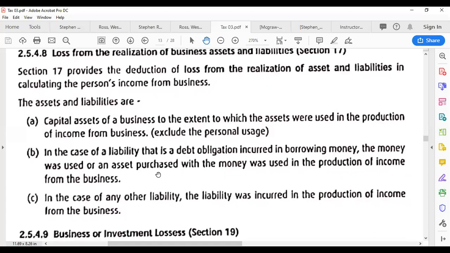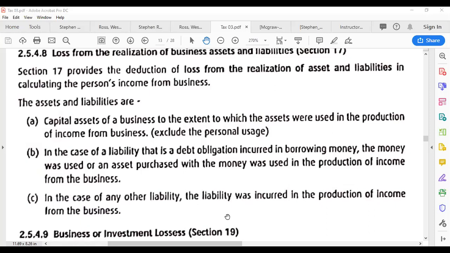In case of a liability, that is a debt obligation incurred by borrowing money. So we are getting a loan. The money was used, or an asset purchased with the money was used, in the production of income from the business, right?